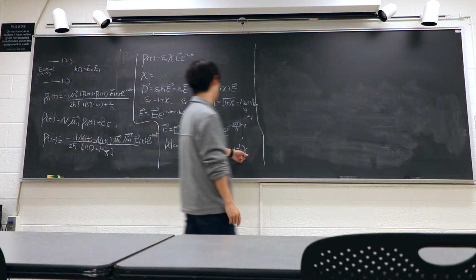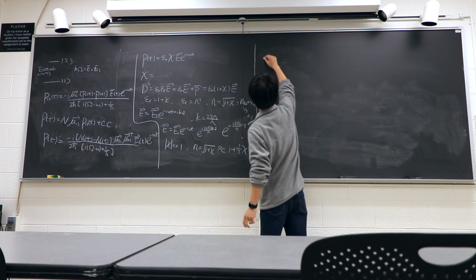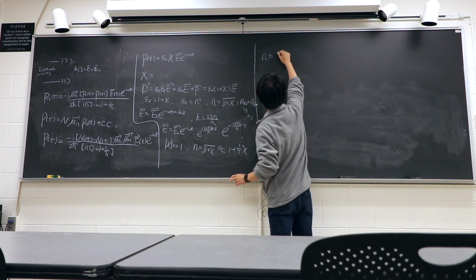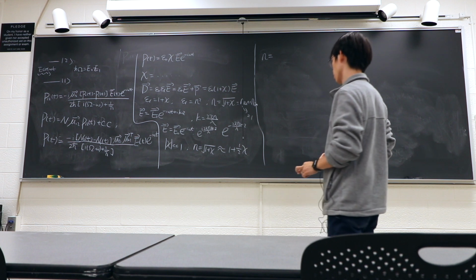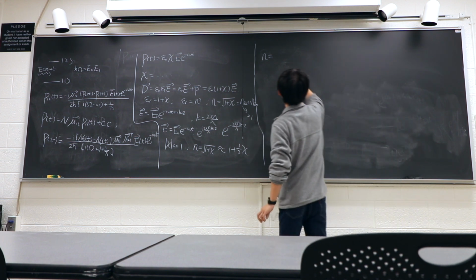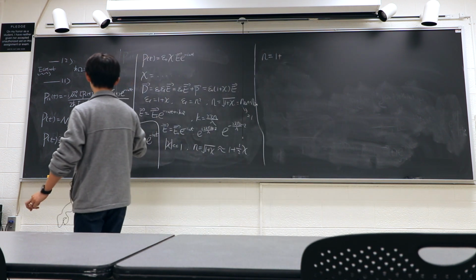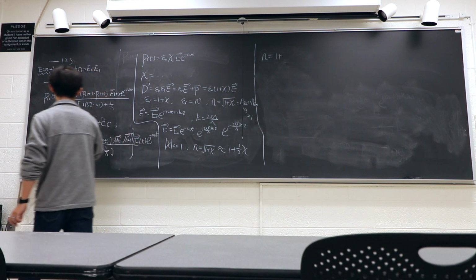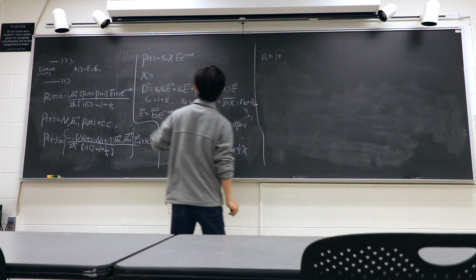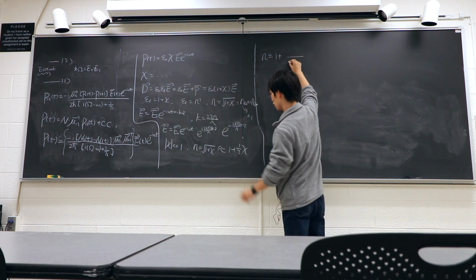And now we can use the chi to get the refraction index. Let's write it down first. One plus, okay, this part, and divided by epsilon, and there's a 2 here.